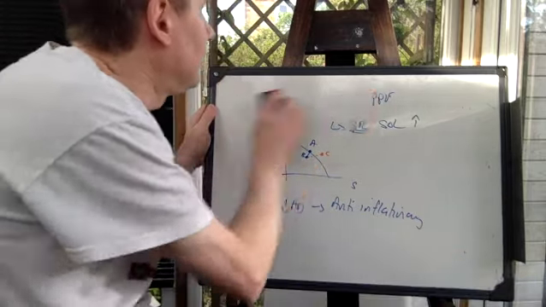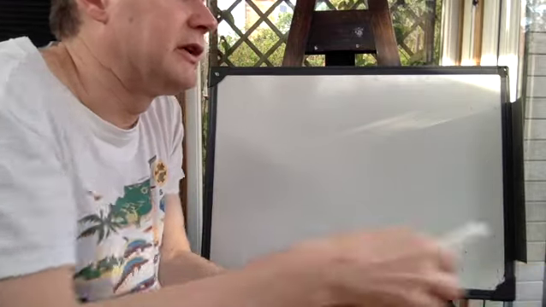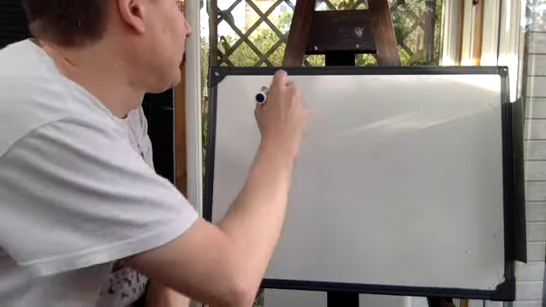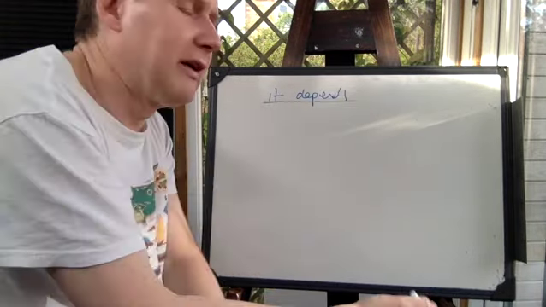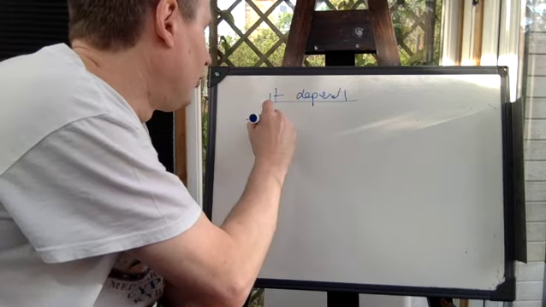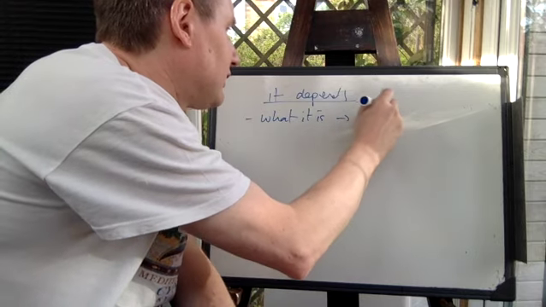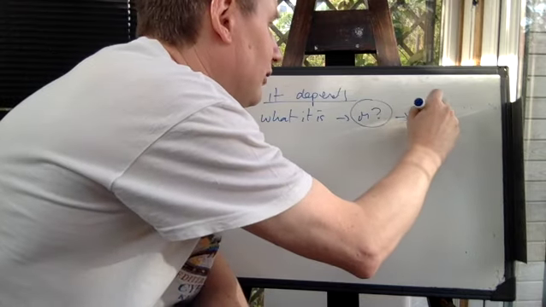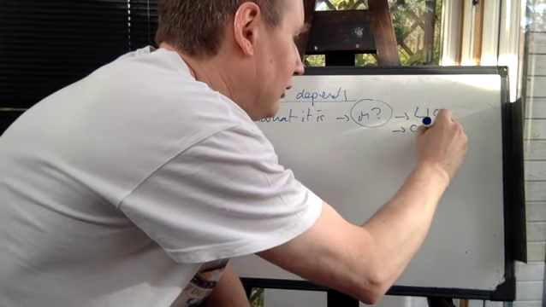But really, I think the most interesting point about the current account deficit is ultimately whether we should care or not. It depends on a lot of things. It depends on what it is. So what are these imports? Suppose that you're a low-income country and you're importing capital and technology.